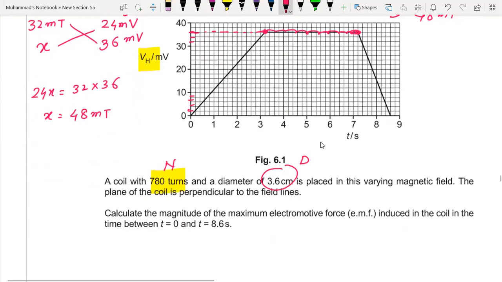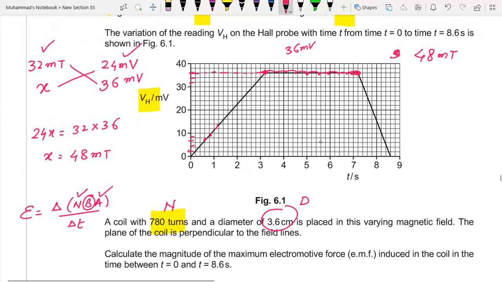Now you know that according to Faraday's law, induced EMF is delta NBA over delta t. Number of turns is same, area is same, magnetic flux density is being varied. As Hall voltage is varied, induced voltage is changing.